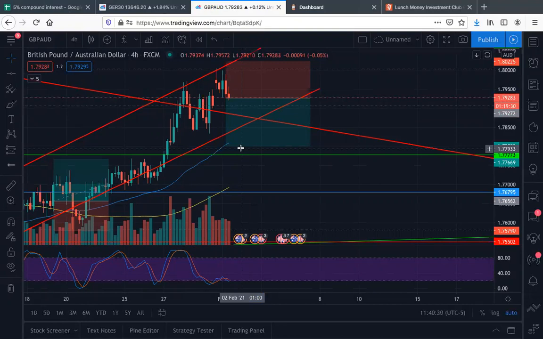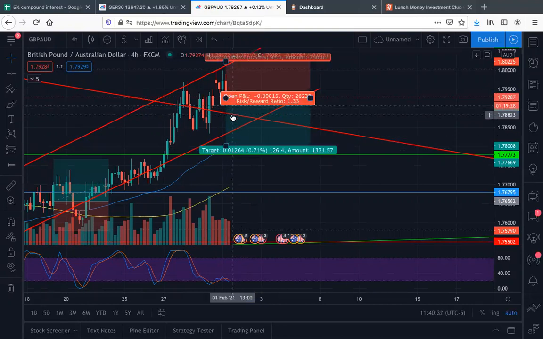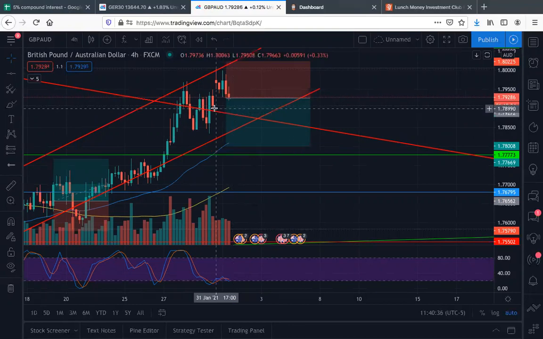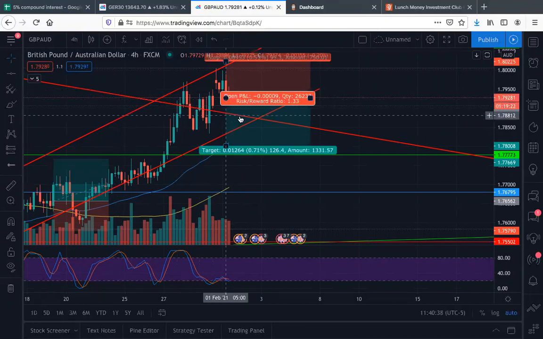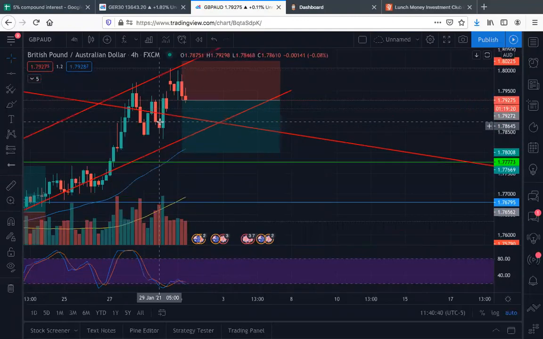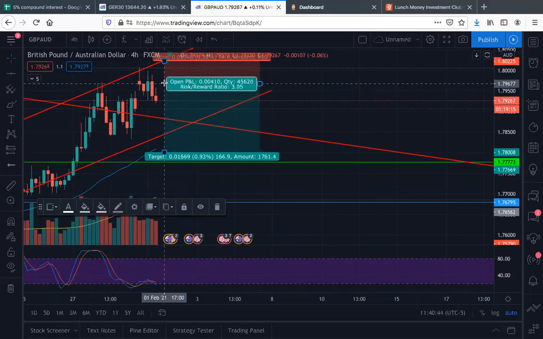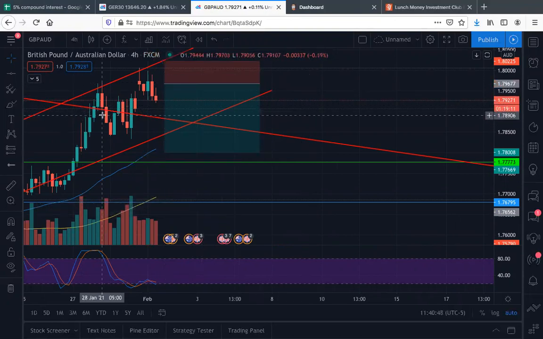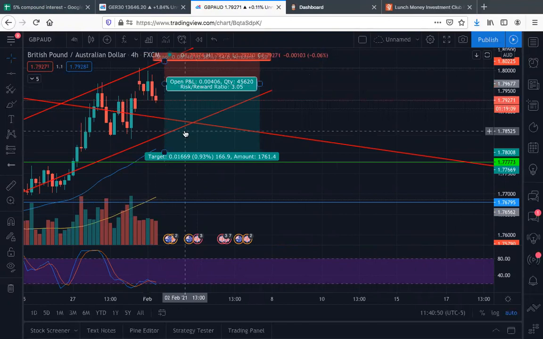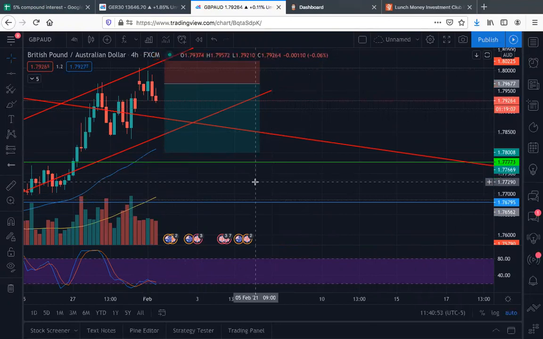But if price comes down and retests off of this diagonal level of support, and it does come back up, it could give us a better price if this is indeed a head and shoulders pattern. That's a much better price right there, a 3-to-1 risk to reward ratio.